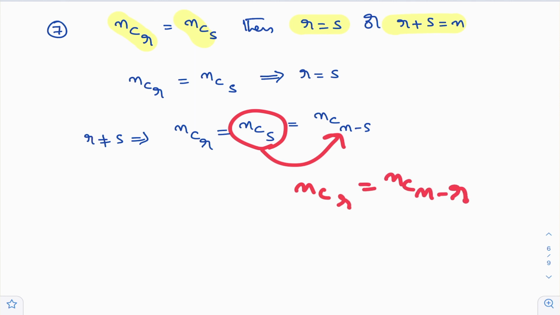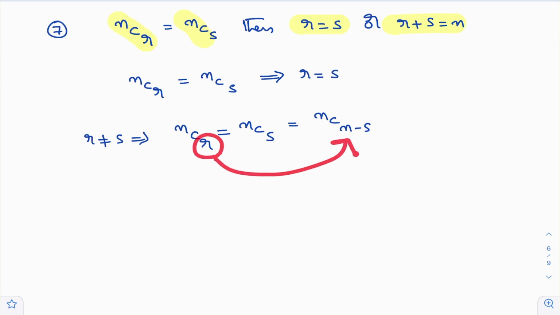Very useful result. Suppose 10C4 equals 10C6. 10C6 means here you can see 10 minus 6 is 4.